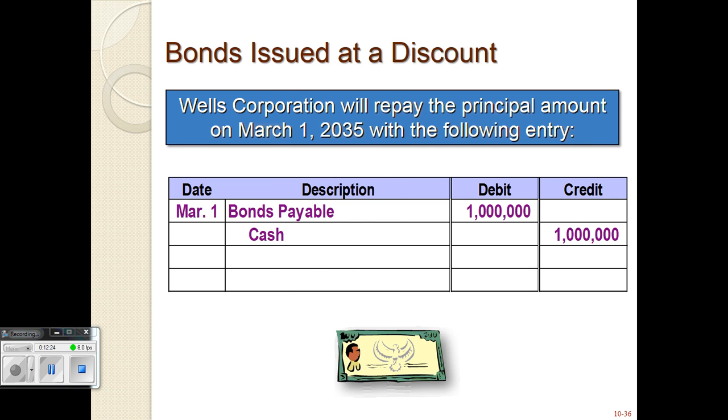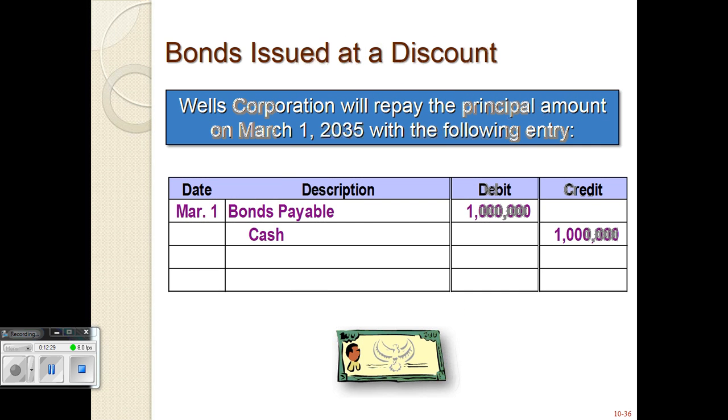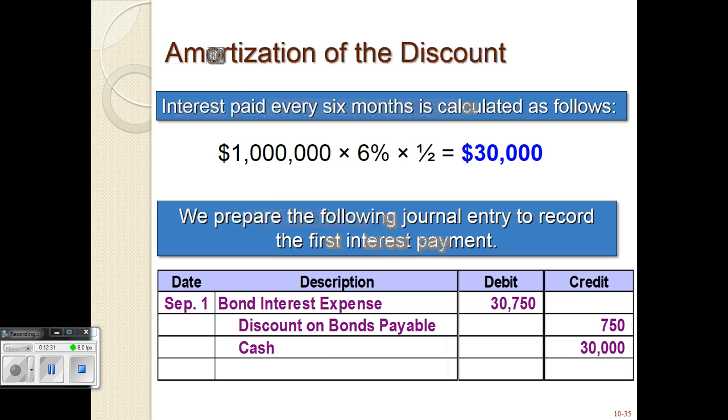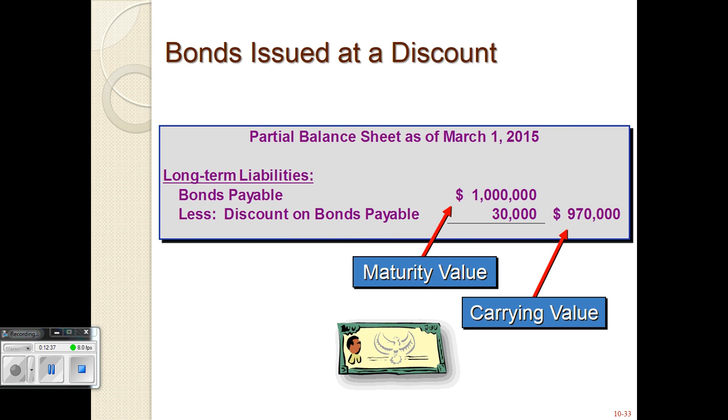What in essence is going to happen, and I'm going to skip back up 2 slides, sorry for this, is that every 6 months, that 30,000 is going to get $750 smaller.